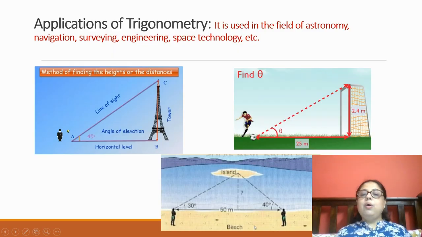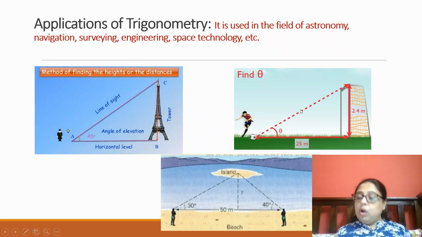This is how we can use the trigonometrical formula for finding the distance between the seashore and the island. By seeing this example, we can conclude that trigonometry is a very important part of mathematics, which is used in our daily life.